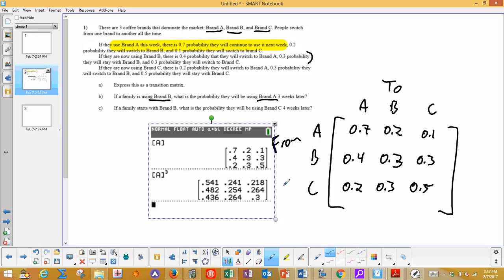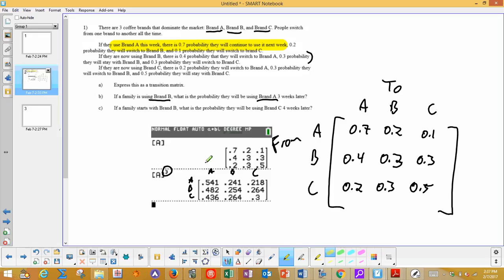So this matrix is a 3 weeks later matrix because of that 3. And this is still from A, B, and C to A, B, and C. So the answer I'm looking for is from brand B to brand A. So from brand B to brand A is here. So the answer here is 0.482.